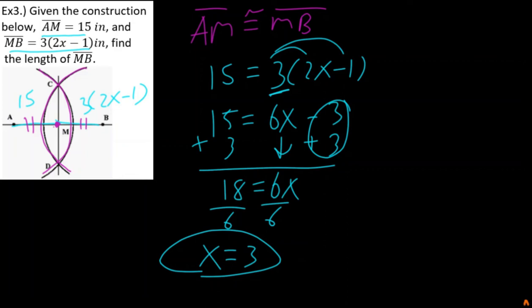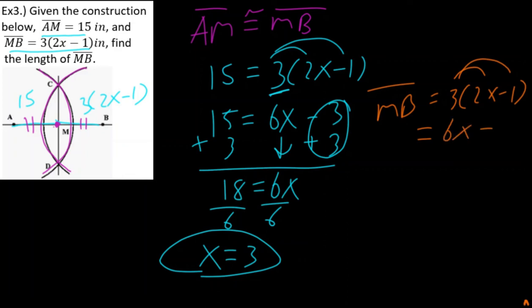Now one final thing, this says find the length of MB, so we know that, let me use a different color here. We know that MB is equal to 3 parentheses 2x minus 1. I would always encourage you to simplify first. 3 times 2x is 6x minus 3, and then from there we can go ahead and plug in our x value.